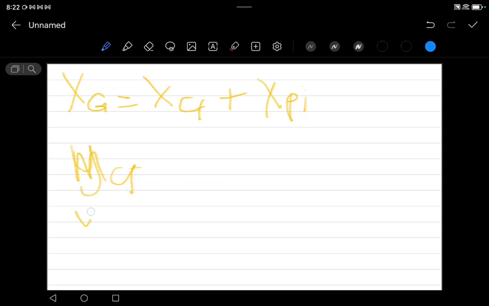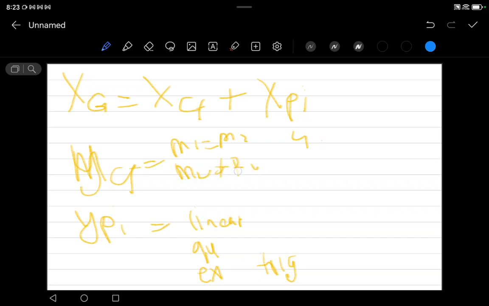To get YPI we check if it's linear, quadratic, exponential, or trigonometric. And for YCF, we check if M1 equals M2, and then we write the YCF. And if M1 does not equal M2, we write our YCF. But here we're going to be using X for displacement.